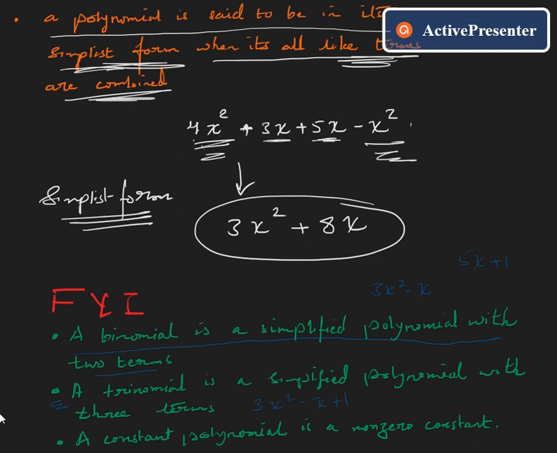This is a trinomial. Also, if I say 5x squared minus xy plus 1, this is a trinomial. A constant polynomial is a non-zero constant, such as 5 or 6 or 7. Those are called constant polynomials.